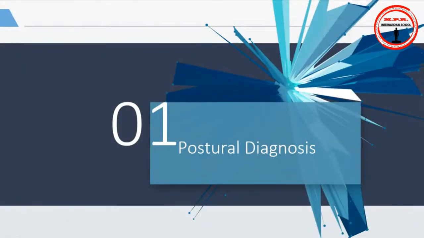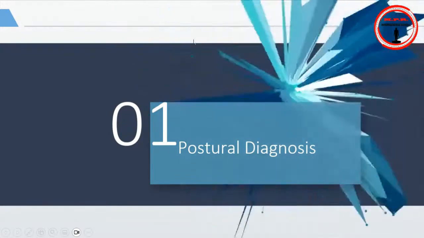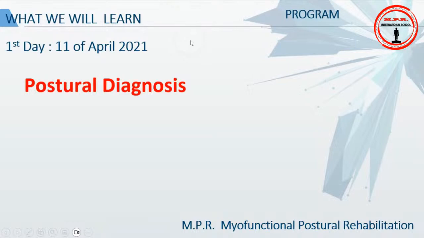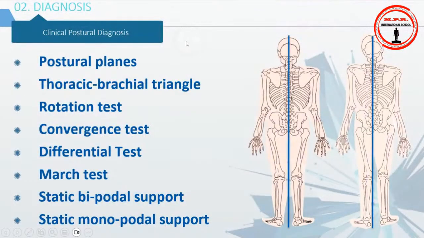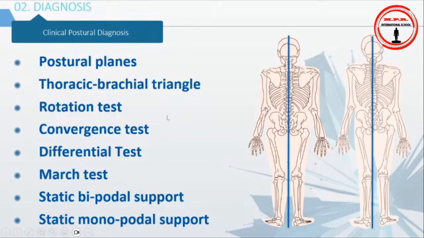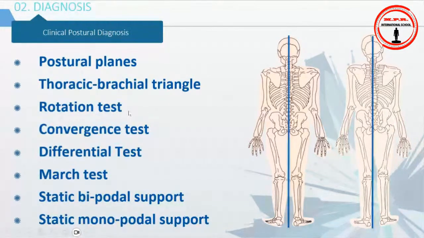In postural diagnosis, we study in our school the main planes, clinical tests, and different things to study the posture: postural planes, the thoracobrachial triangle, the rotation test, where we move the head right and left, up and down. Why do we do that? It's very important that you understand.